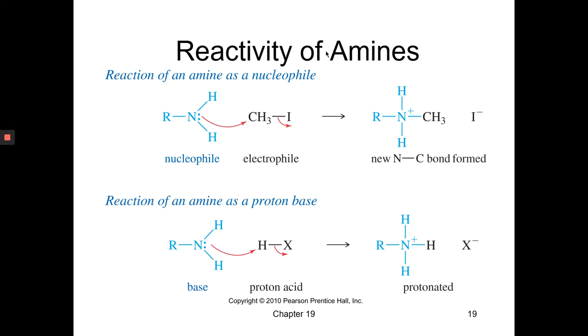This produces an amine salt, because now we have 4 bonds to the nitrogen, so it'll carry a plus charge. Amines can also act as proton bases. If we have an acid, HX, something like HCl, the nitrogen will grab that hydrogen, and again, we'll get an amine salt.